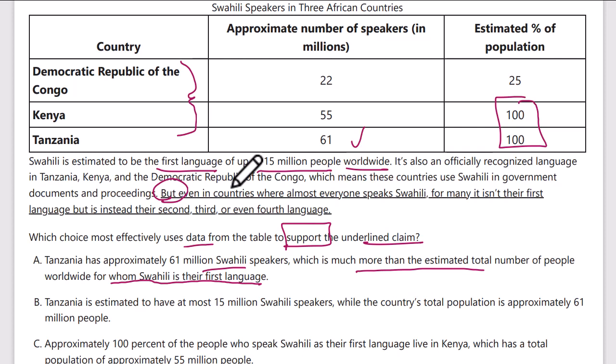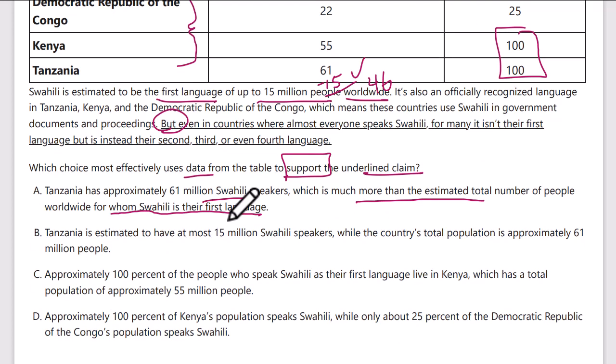Even if all the first-language Swahili speakers were in Tanzania, the majority would still be non-first-language Swahili speakers. In other words, 61 minus 15 would be 46 million who did not speak Swahili first, even in Tanzania. And that looks like it could well be the right answer here. Let's keep going. That's a tricky answer.